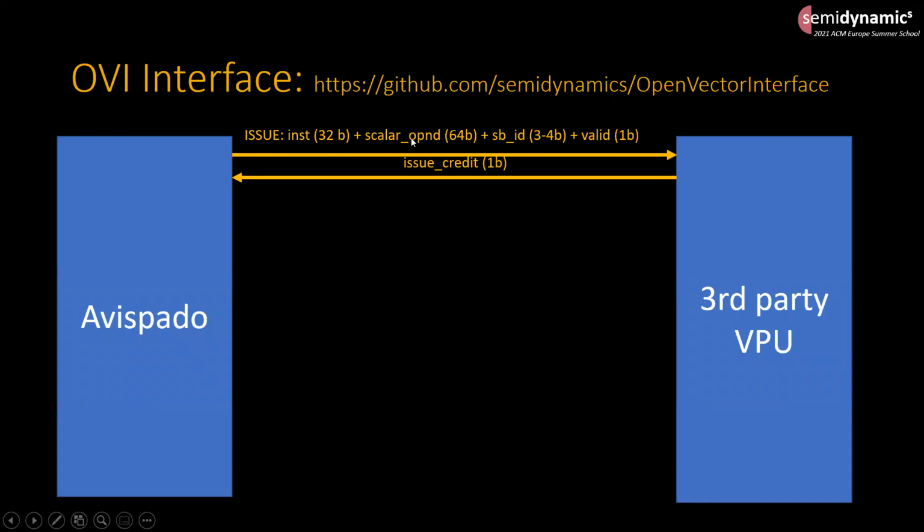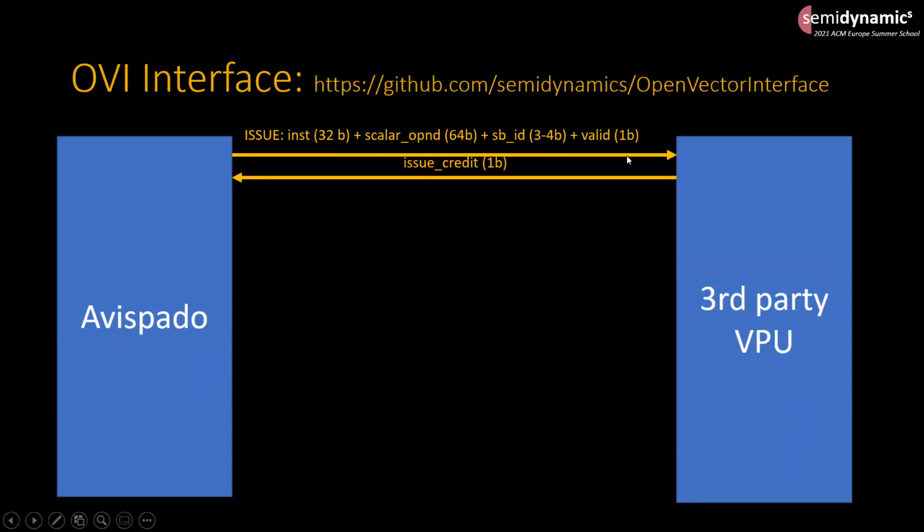As you know, the vector instruction could have a scalar operand, so we give you the 64 bits that we read from our register file, and you can keep it there. SB stands for scoreboard. This is really a transaction ID, and we can configure this to 3 or 4 bits or more if needed, depending on how many outstanding instructions the VPU wants to have.